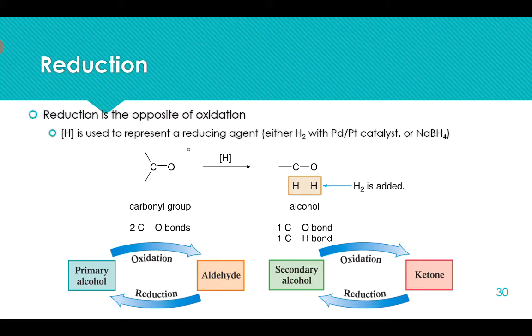So reduction is the opposite process. If we kind of draw it out, if we start off with a primary, that's not a 1, that's an I. So if we start off with a primary alcohol, we can oxidize into an aldehyde, and then we can oxidize that into a carboxylic acid.